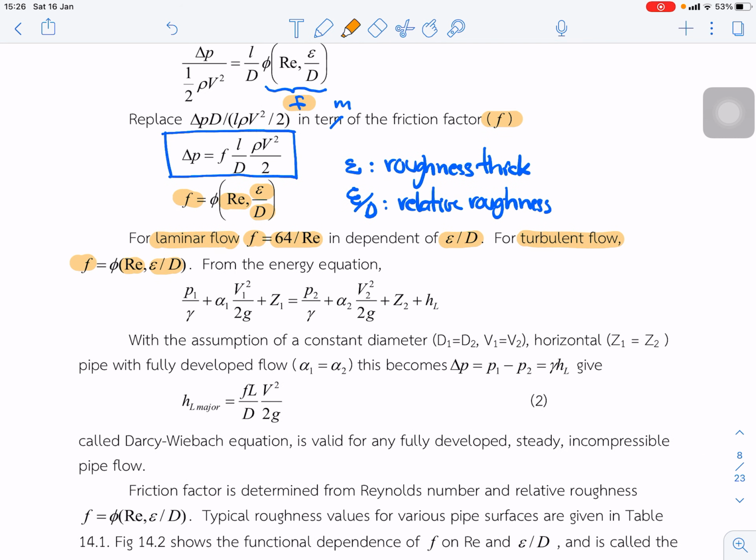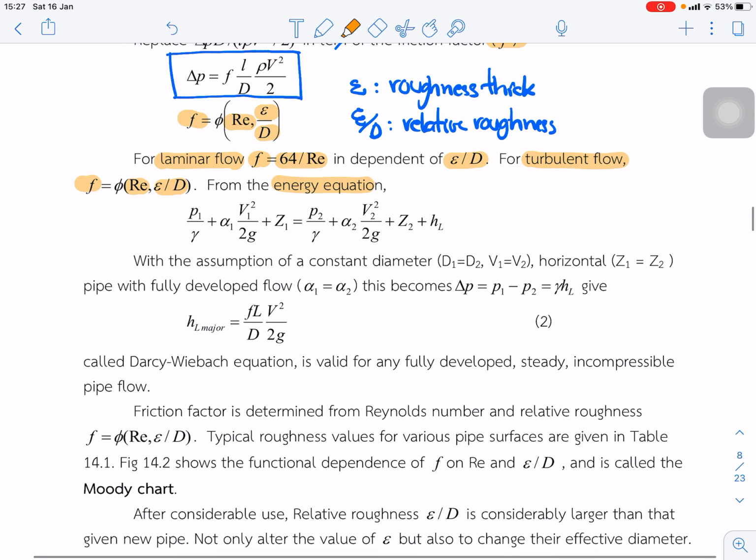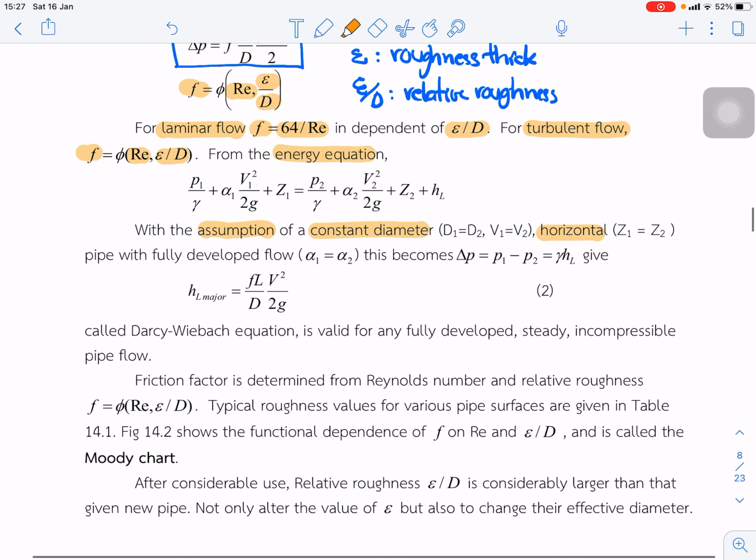And from the energy equation, we write the equation between 2 points, with the assumption of constant diameter, d1 equal to d2 and v1 equal to v2, and horizontal pipe with fully developed flow, alpha is equal. So the delta P becomes the pressure difference and is equal to gamma h_L.